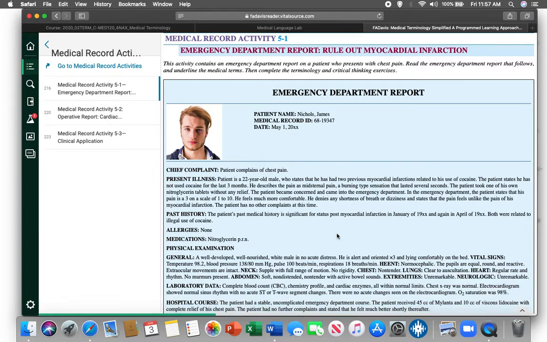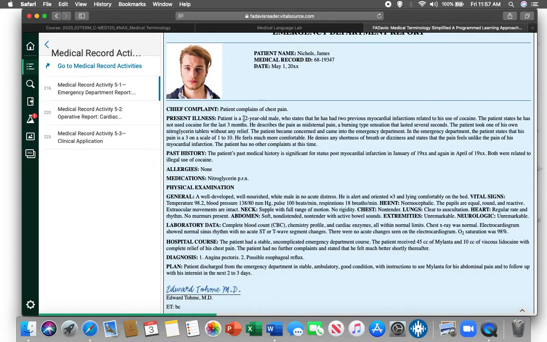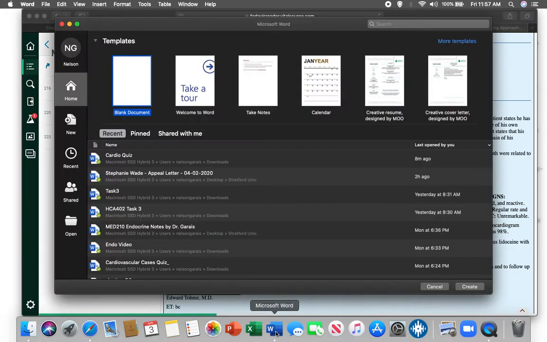When you look at this report, the patient's chief complaint is chest pain. So I could have a question, right? Let's open up my Microsoft Word. Right off the bat, we know there are medical terms for chest pain. So could I write a multiple choice question about that with 4 items?